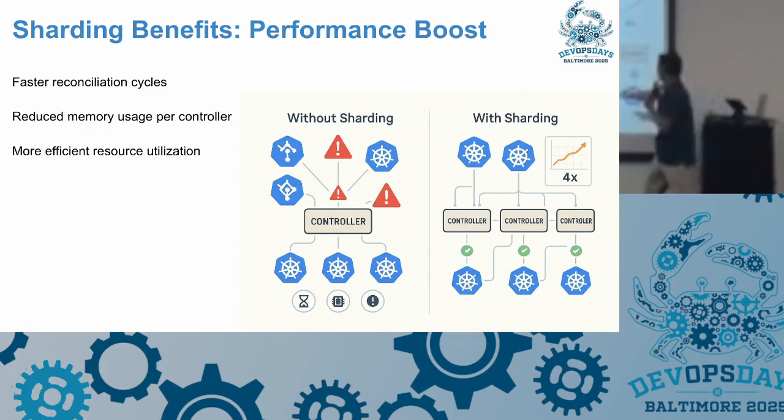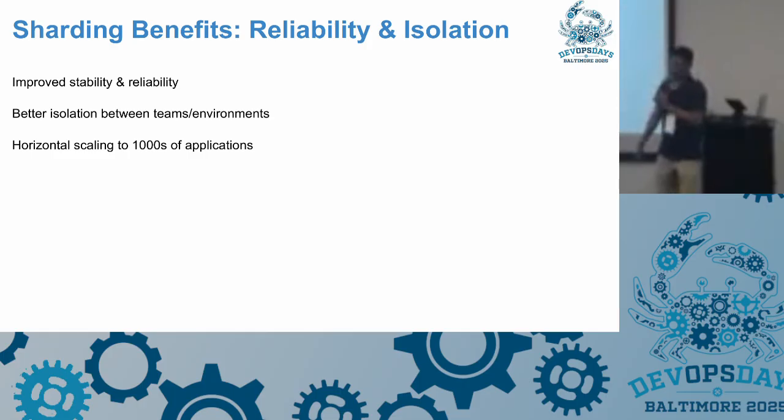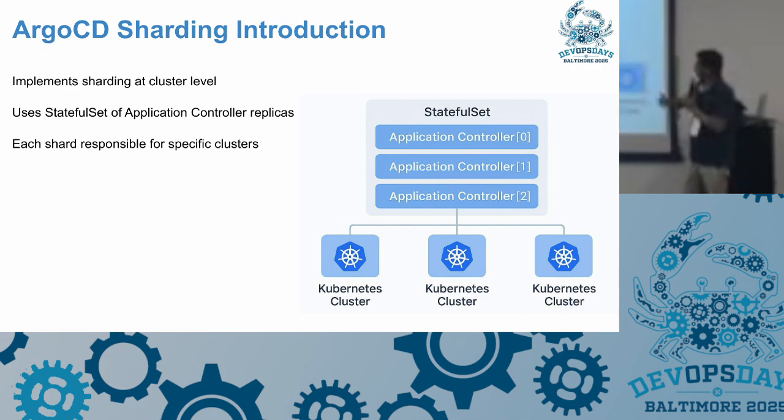There can be multiple controllers, which will divide the workload among them, and it can improve all the problems you were facing earlier: reconciliation times, memory pressure, CPU bottlenecks. You may start facing these problems as you scale up to maybe more than 1,000 applications, but it all depends on how frequently you are making parallel changes.